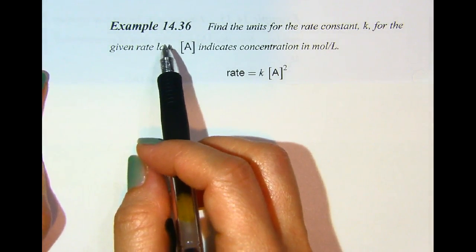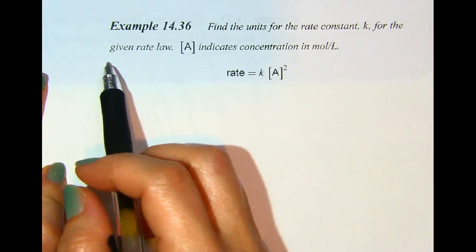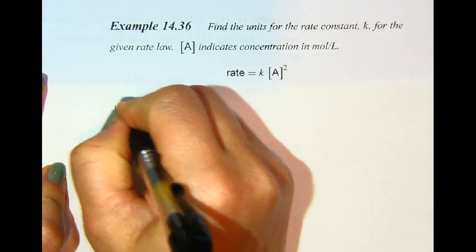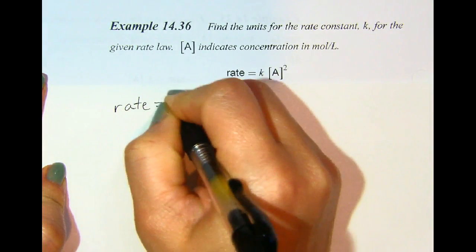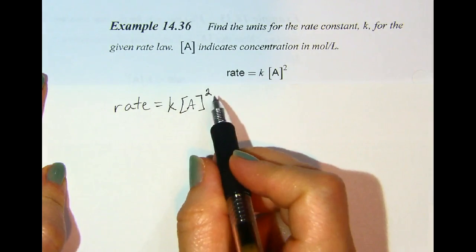Example 14.36, find the units for the rate constant K for this rate law. So we have rate is now equal to the rate constant times A raised to the second order.